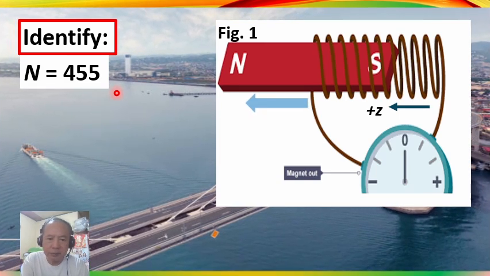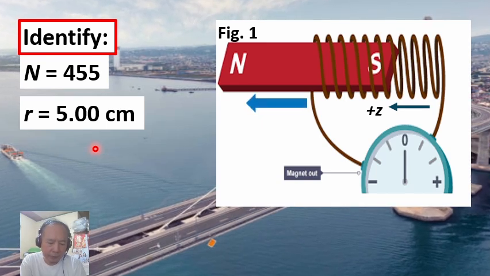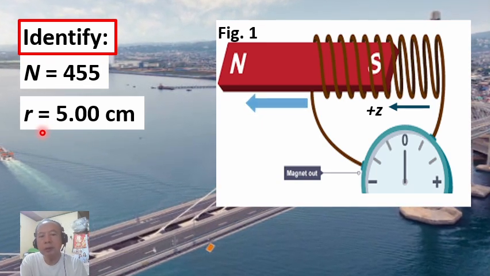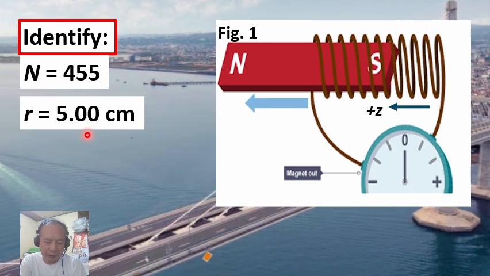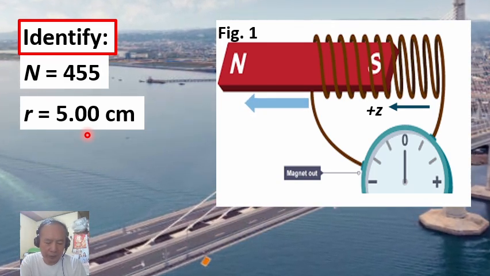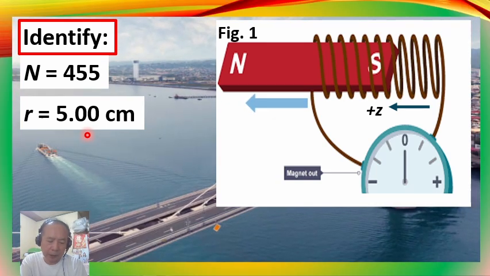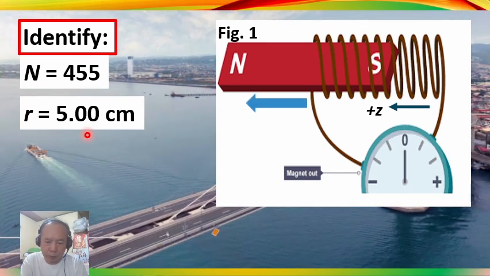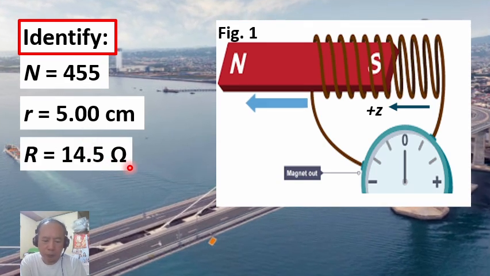Each circular coil has a radius, small r, equal to 5.00 centimeters. And the wire's resistance, big R, is also given, equal to 14.5 ohms.